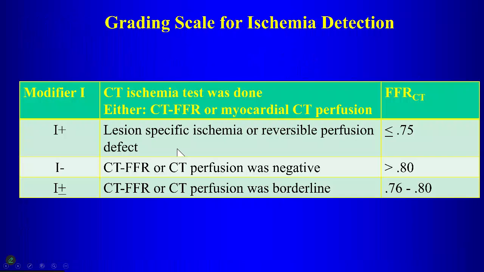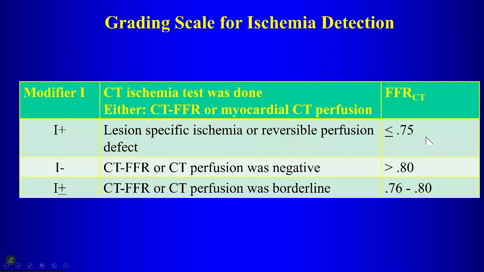Now, if you have information on ischemia, there's this modifier I that you can use, and the information, usually if we're doing CT, is fractional flow reserve CT, and we'll talk about this a little bit probably in the next lecture. If there is evidence of ischemia using fractional flow reserve CT, then the modifier is I+, meaning that there is evidence of ischemia.